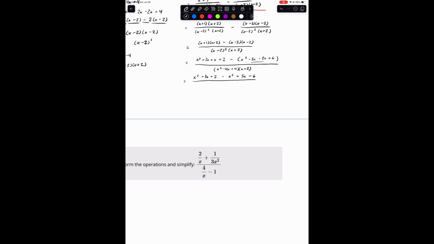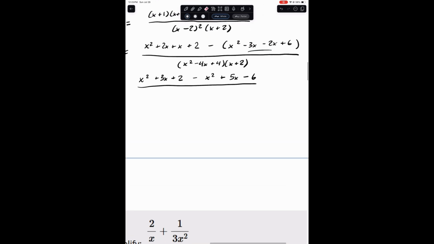all over, then at the bottom, we get x cubed negative 4x squared minus 8x, let's see, plus 2x squared. Oh, I think I messed up the order. Let me redo that real quick. Okay, so you have x cubed, right?